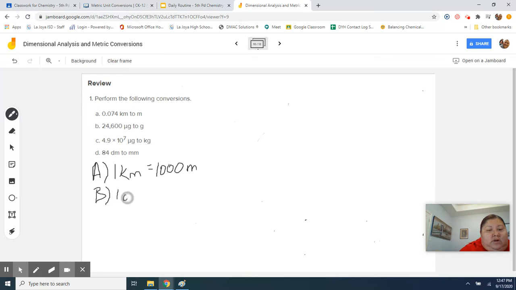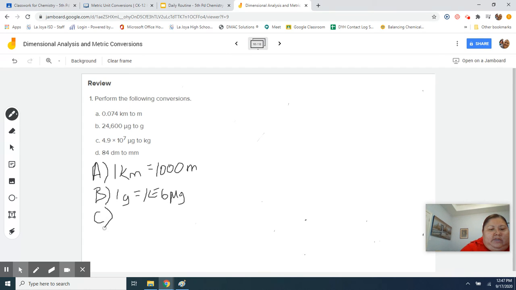So 1 gram is equal to 1 e to the 6. Sorry. To the 6 micrograms. Okay, and that's supposed to be a G.